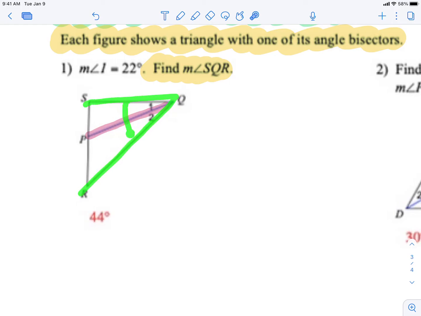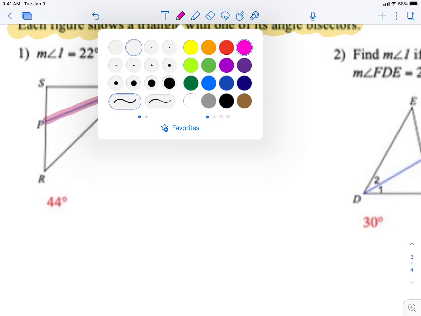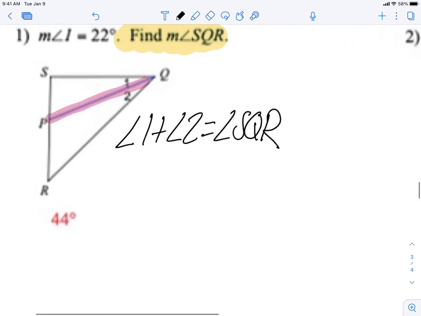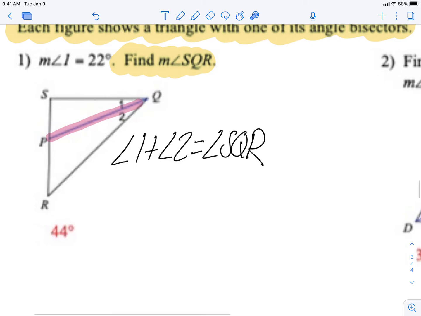SQR was this angle here, and it split the angle down the middle to create angle 1 and angle 2. So when we add angle 1 and angle 2 together, they add up to SQR. So angle 1 plus angle 2 is equal to angle SQR. Now, when it's split SQR down the middle, it means that angle 1 and angle 2 are equal to each other. So, whatever angle 1 is, angle 2 is.